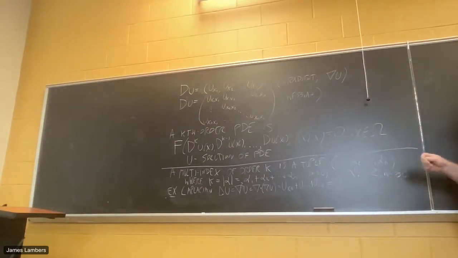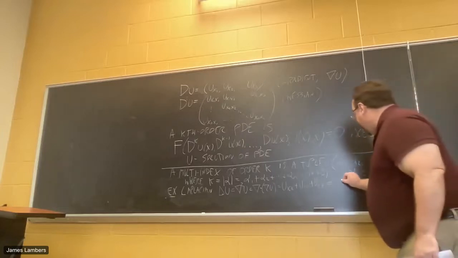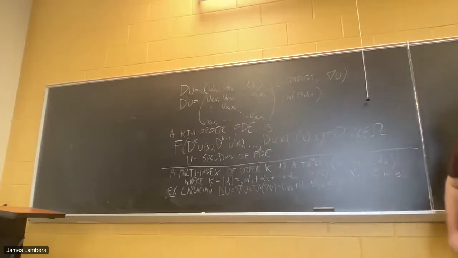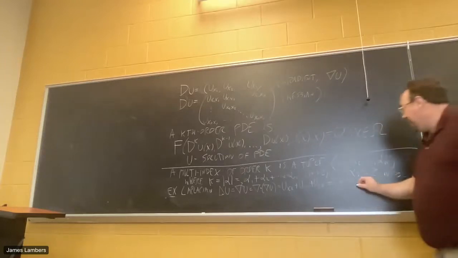Because I'm in 3 dimensions, every multi-index I include here has to have tuples of 3 elements. The first element corresponds to x, the second to y, the third to z. So I'd have 2, 0, 0, because we're differentiating with respect to x twice and not with respect to any other variable.